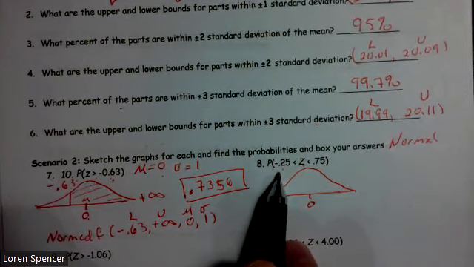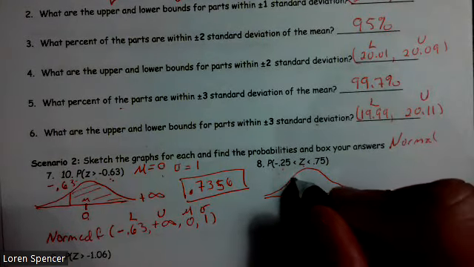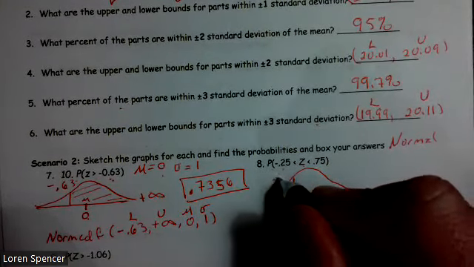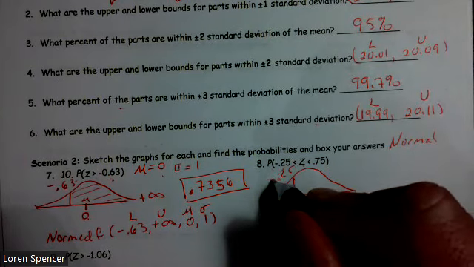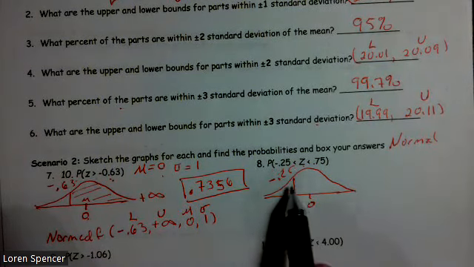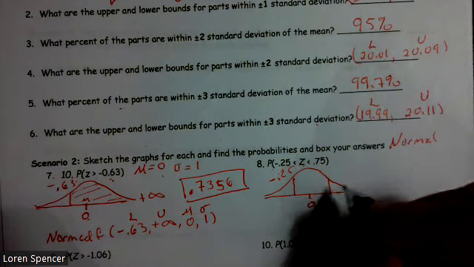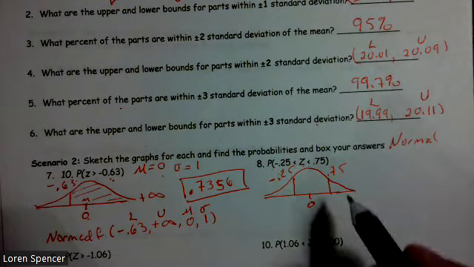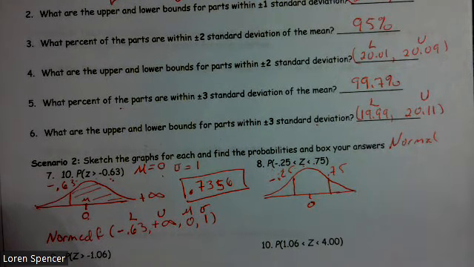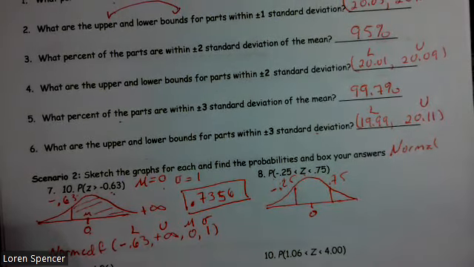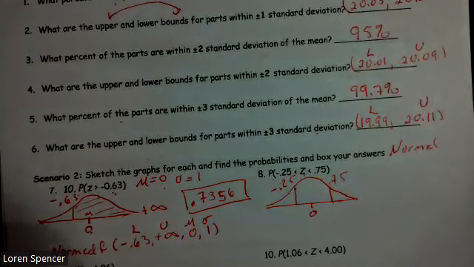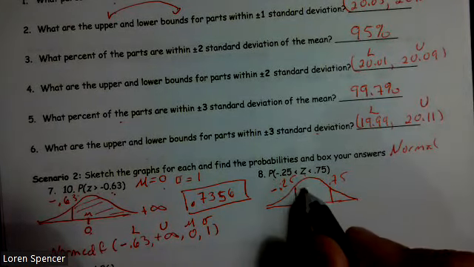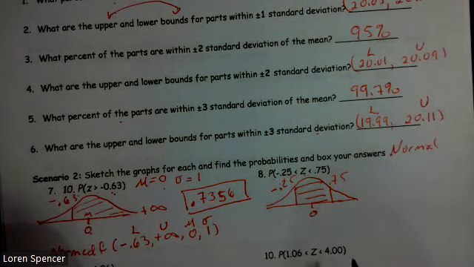Negative 0.25 is somewhere below 0, and 0.75 is somewhere above 0. I'm not too concerned exactly where. We're shading in between. That's what we're looking for.